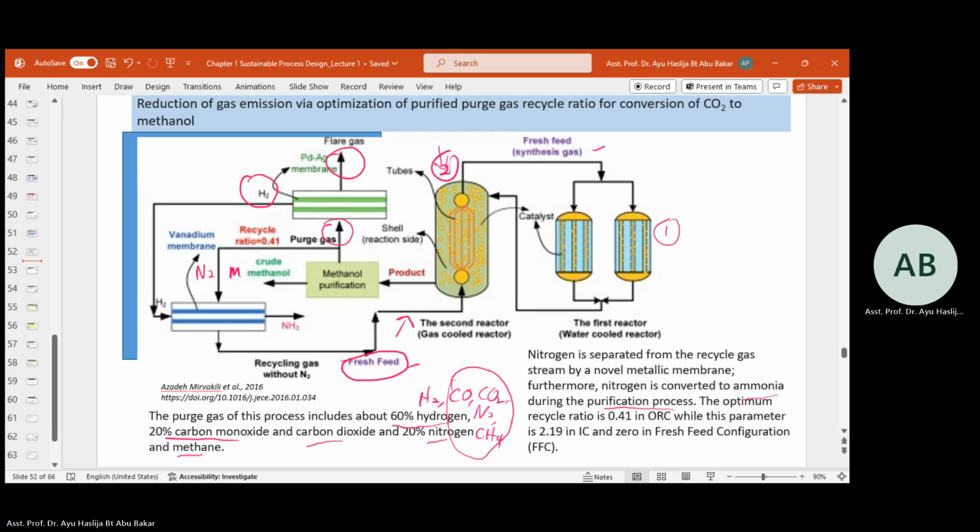Other than that, any other options? First one. Why do you say first one? Can the first case be considered? Can. Why do you say so?